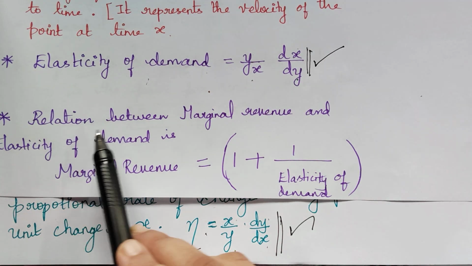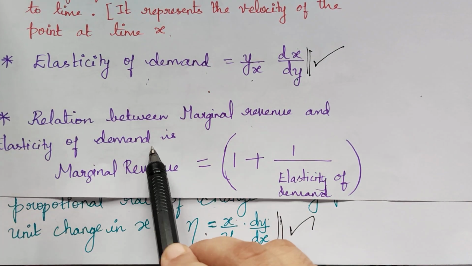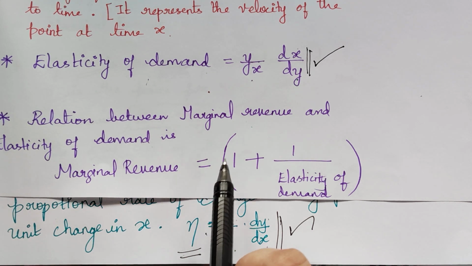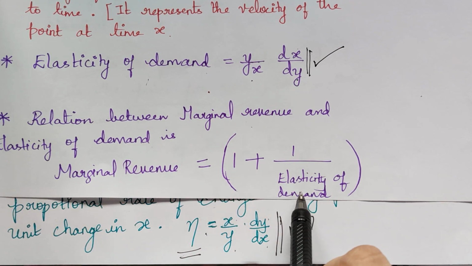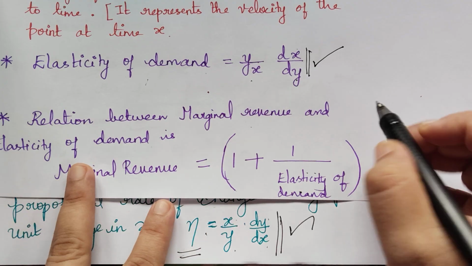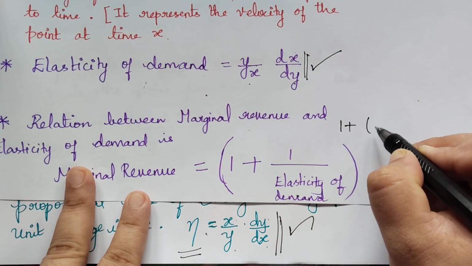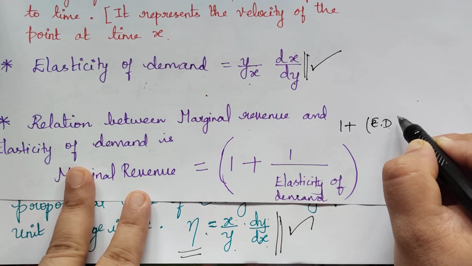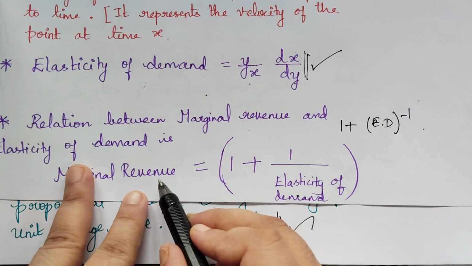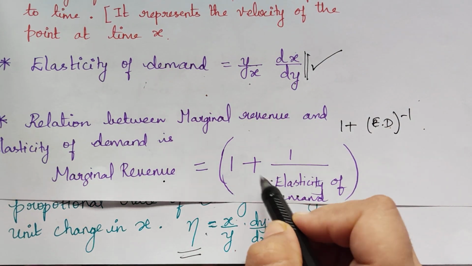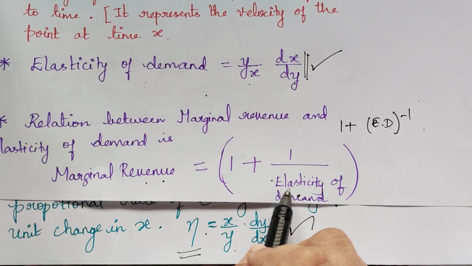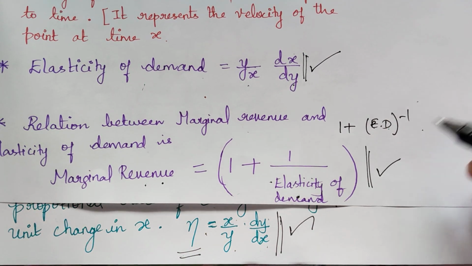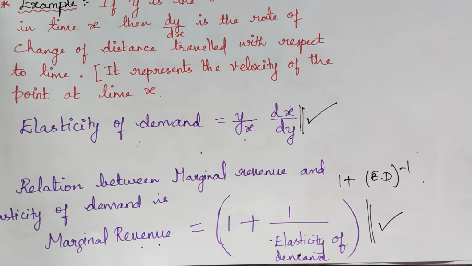And there is a relation between marginal revenue and the elasticity of demand, which is given by marginal revenue is equal to 1 plus the reciprocal of elasticity of demand. This can also be written as 1 plus ed, the whole inverse. In order to calculate the relation between the marginal revenue and the elasticity of demand, we will make use of this. So with the help of all this, we will proceed to solve the problems under this topic.